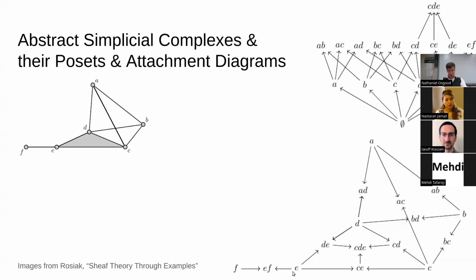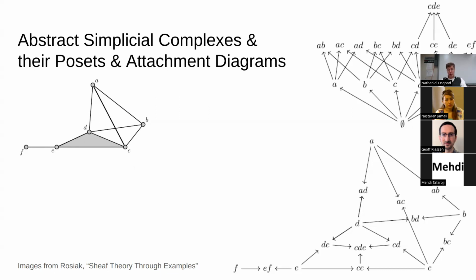This zero simplex has itself. What's an edge of which it is part? Anyone? EF, DE, and CE. Good. But it's also got a two simplex of which it's part. What is that? CDE. So it's very easily imagined here.